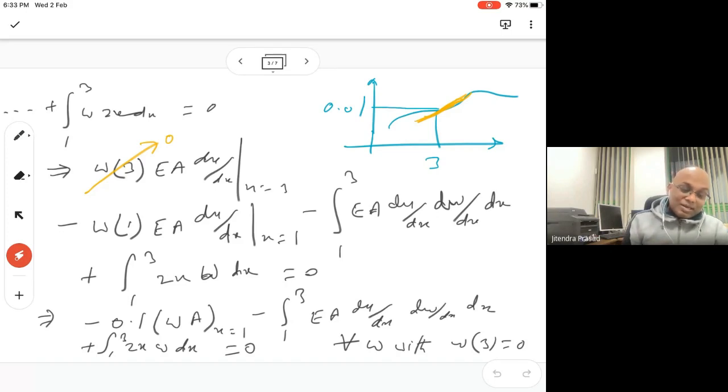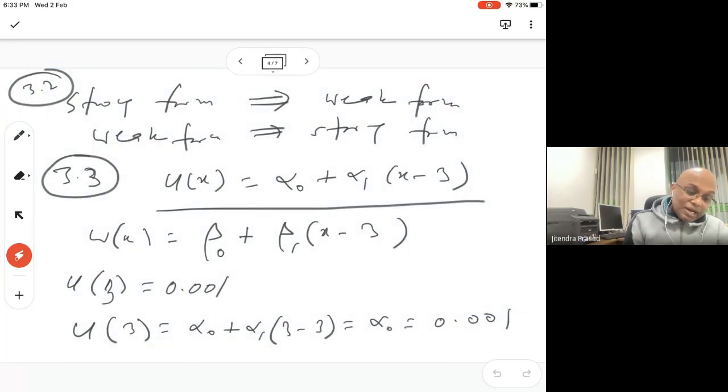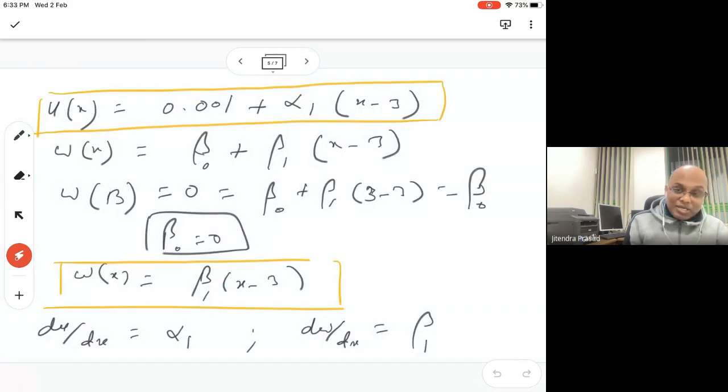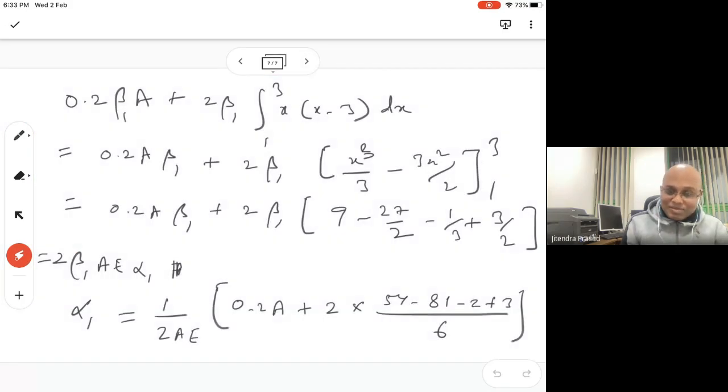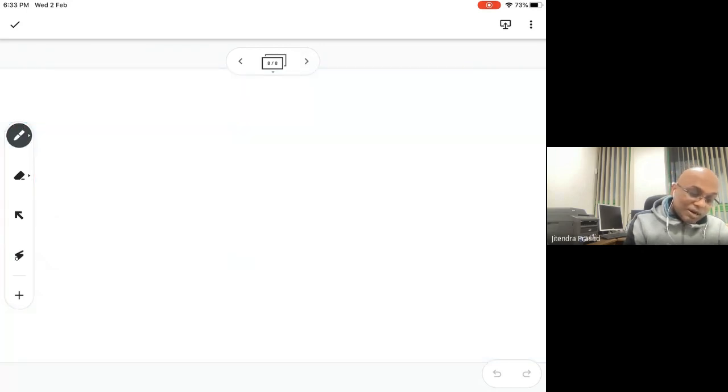What is the difference here? We enforced you to meet that criterion, u at 3 equal to 0.001. We enforced it to begin with, but we did not enforce you to have a slope, the given slope. That means this may not be satisfied, and we have seen earlier that it will not be satisfied. If you can calculate the natural boundary condition, what is given to you?